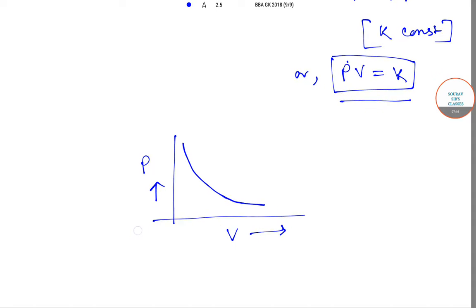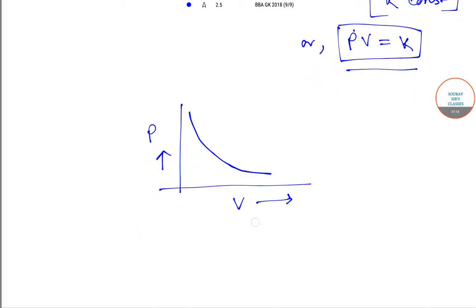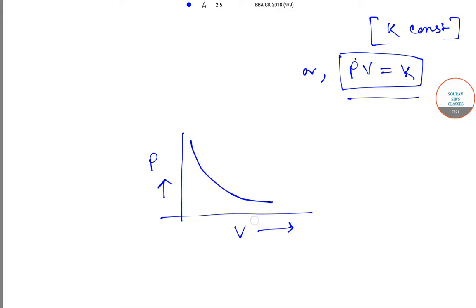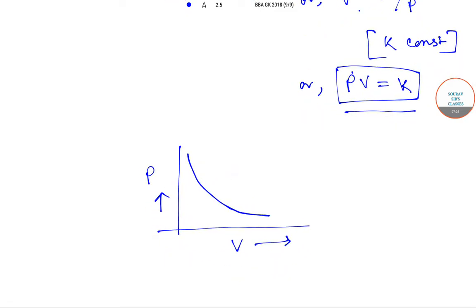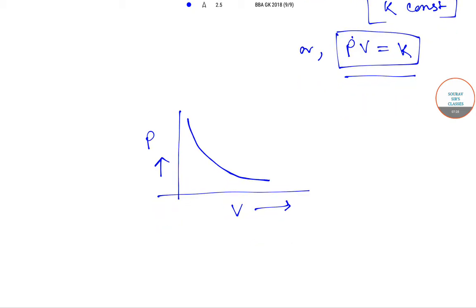This was the graphical representation of pressure versus volume.